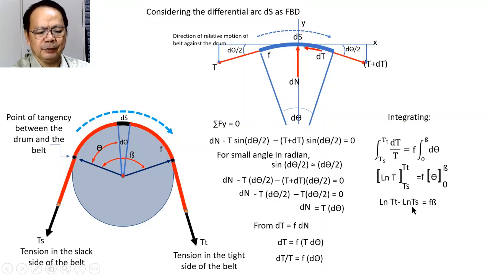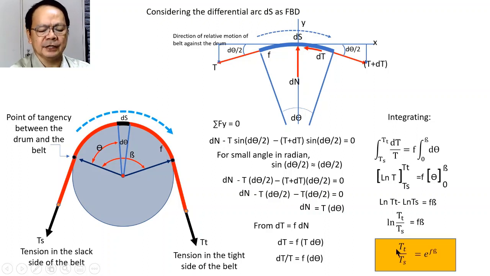And if this is simplified, applying the property of logarithms, it becomes ln of T sub t over T sub s equal to f beta, which says that the ratio of the tension on the tight side to the tension on the slack side is equal to e raised to the coefficient of friction times the subtended angle between the belt and the drum.